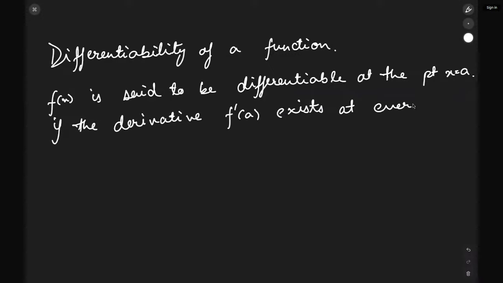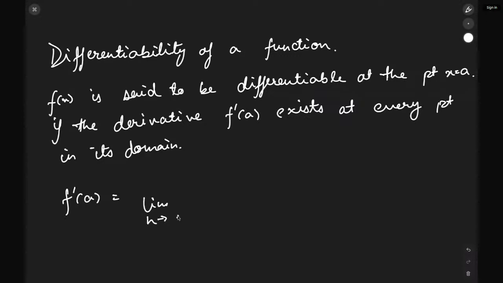at every point in its domain given by f dash of a is limit h tends to 0 f a plus h minus f a whole divided by h.